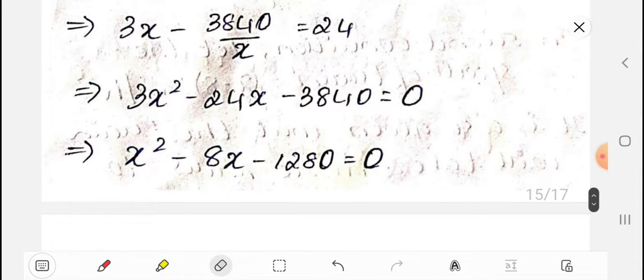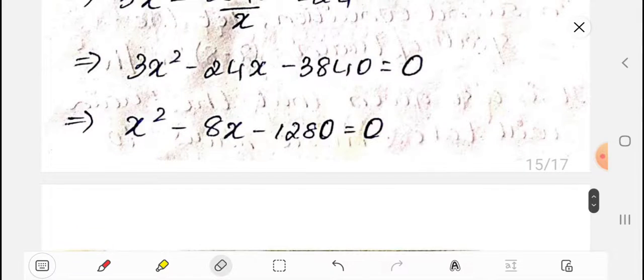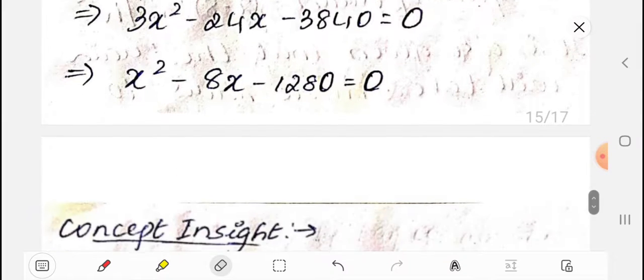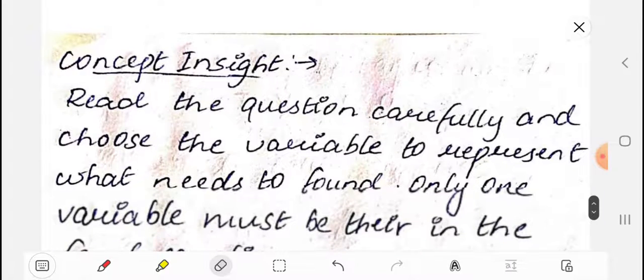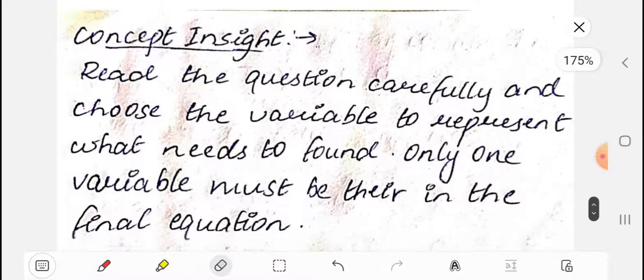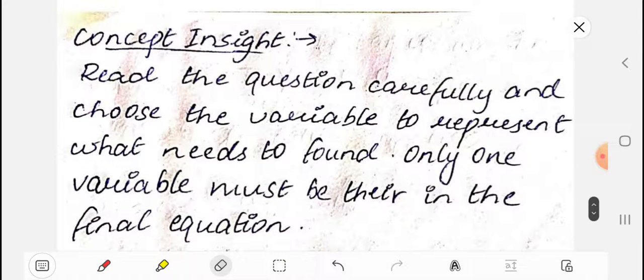Here we are done with exercise 4.1 of the NCERT textbook. If some other question is given from this concept, here are things you have to keep in mind. Concept insight: read the question carefully and choose the variables to represent what needs to be found.